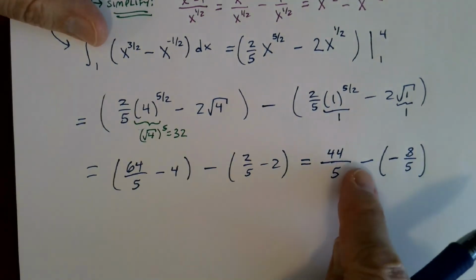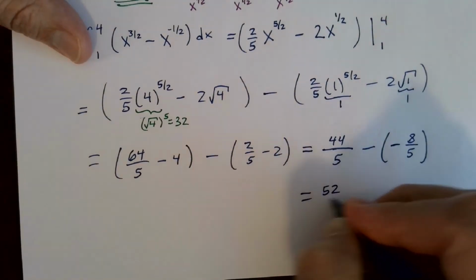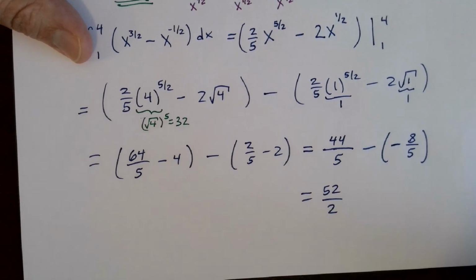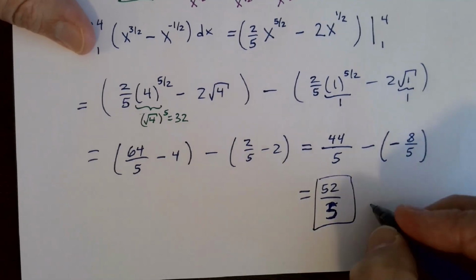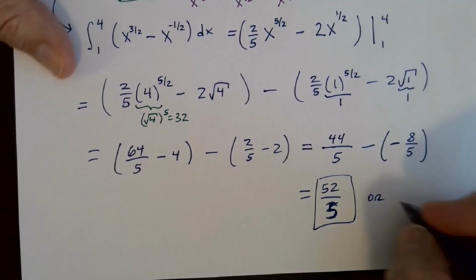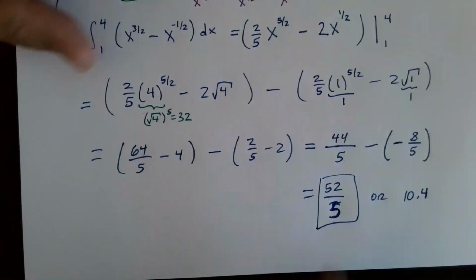And notice it's minus and negative, so it becomes plus. 44 plus 8, 52 fifths. 52 fifths is the exact value. Or, you know, as a decimal in this case, you can write 10.4. That's what that is. But that's the exact value.